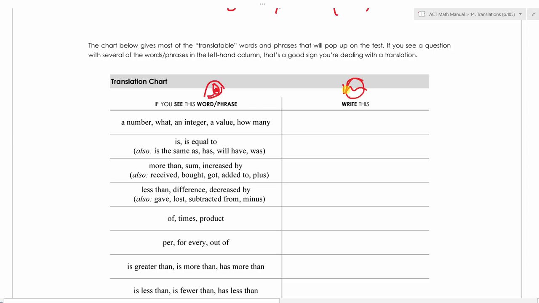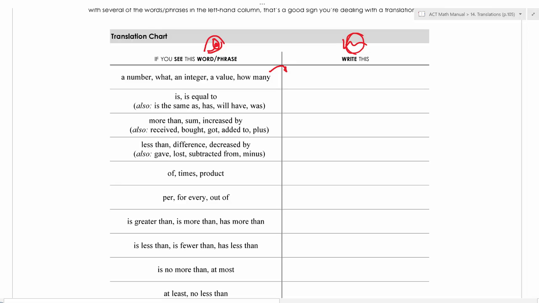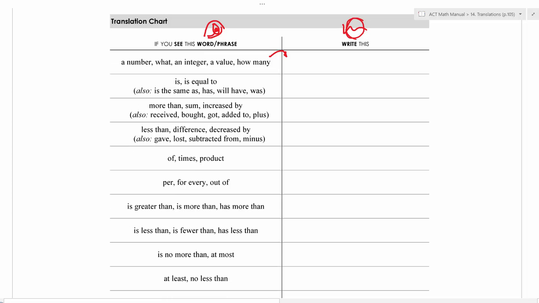This is the international symbol for what you would write down, just so you know. So again, what you see on the left and then what you would translate to will be in the right-hand column. If you feel confident that you know most of these terms, go ahead and fill in the right-hand column on your own. Press pause. I'm going to run through them right now.